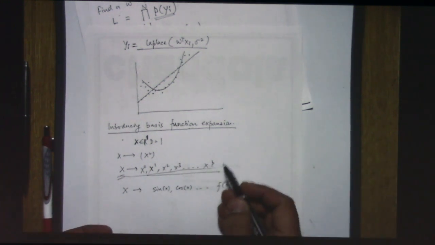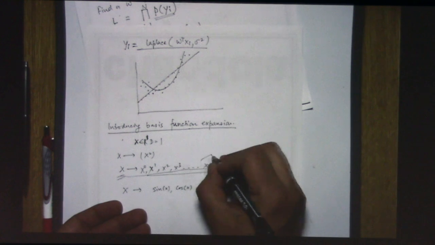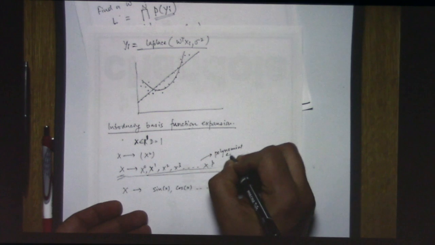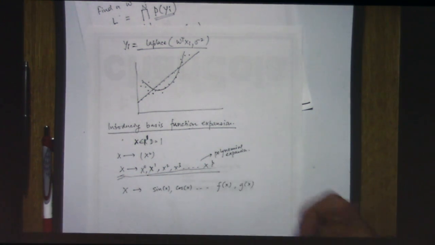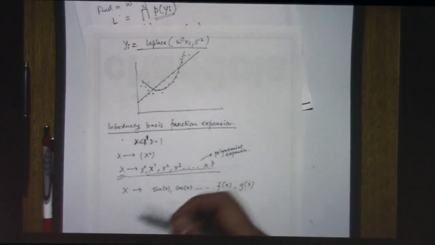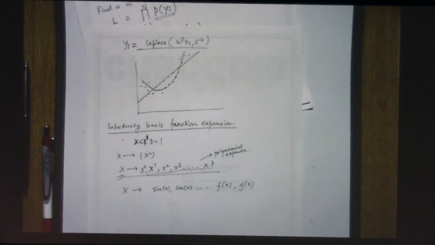So to give linear regression the ability to learn nonlinear curves, we are doing this basis function expansion. Next time you will see how linear regression can now learn this. Okay, so let me get back to the slides.